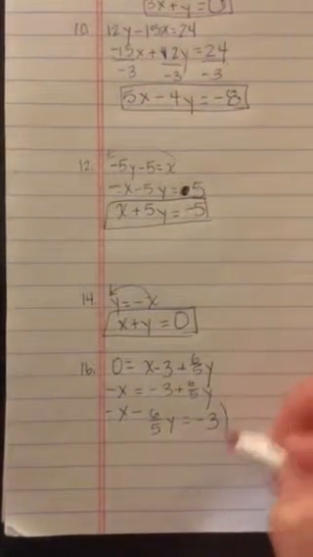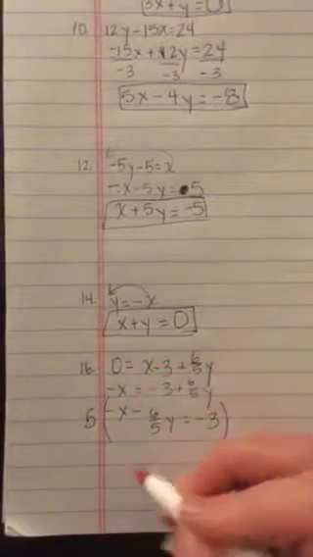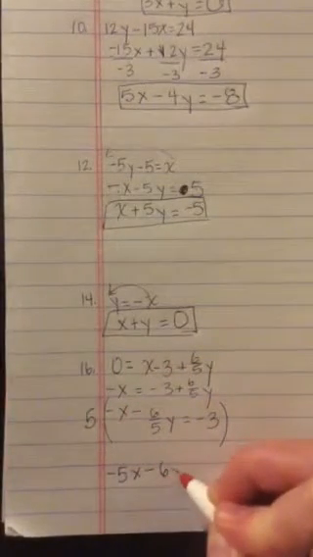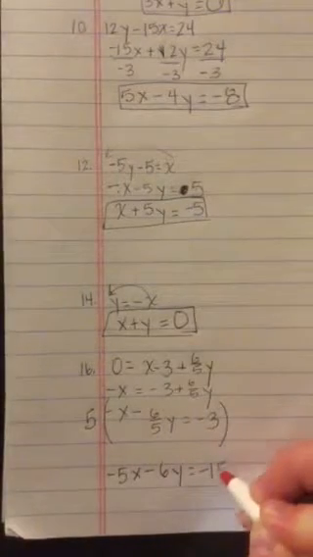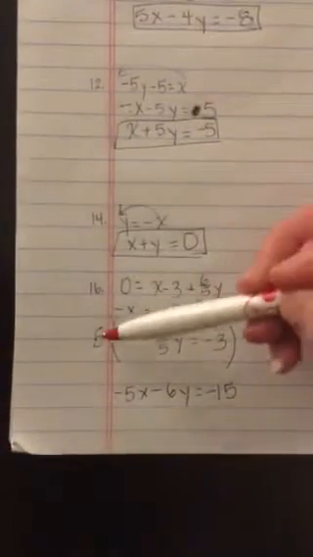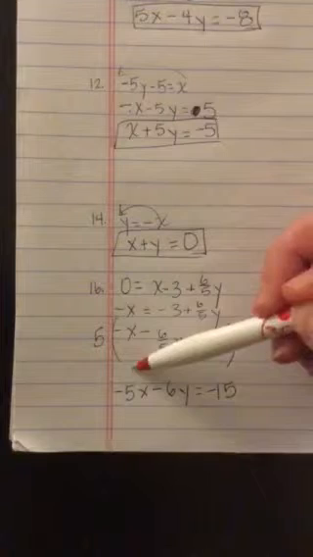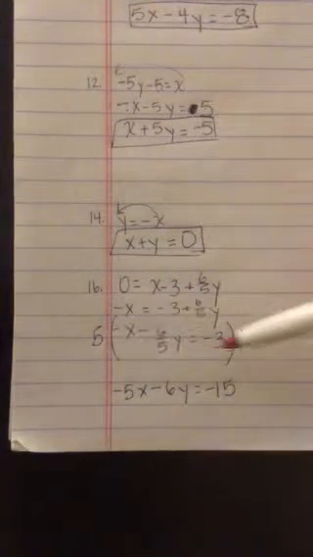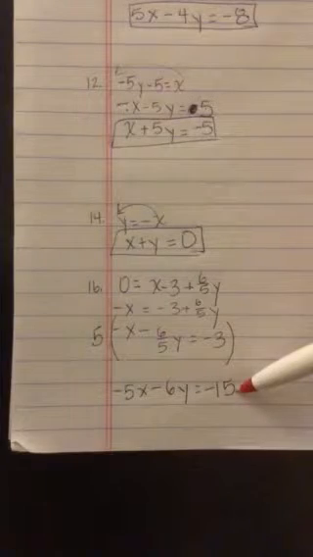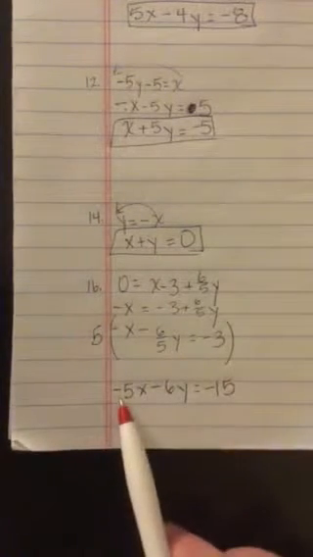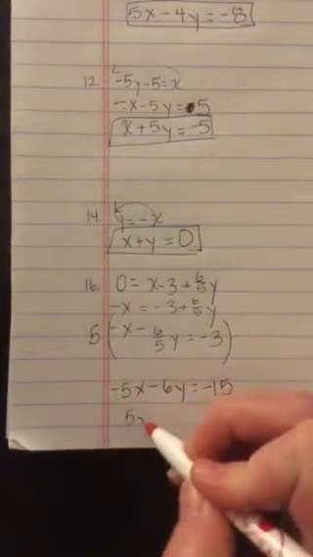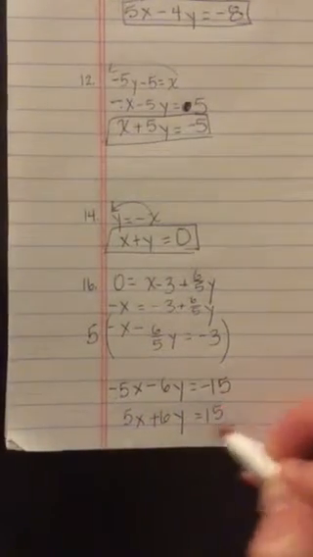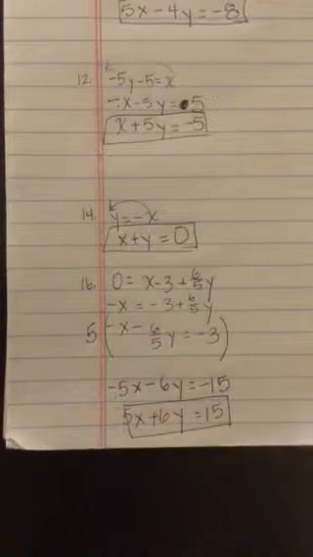I have a fraction that's a 5, so I'm going to multiply through by 5. Five times -1 is -5. 5 times 6/5 is 6. 5 times -3, -15. And again, so that our leading coefficient is positive, I'm going to switch everybody's sign. It's like dividing through by a -1. GCF is 1. I'm done with that problem.